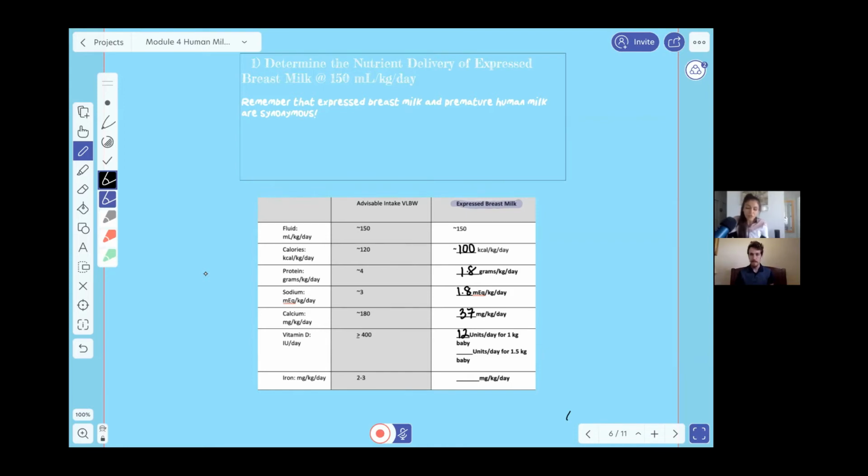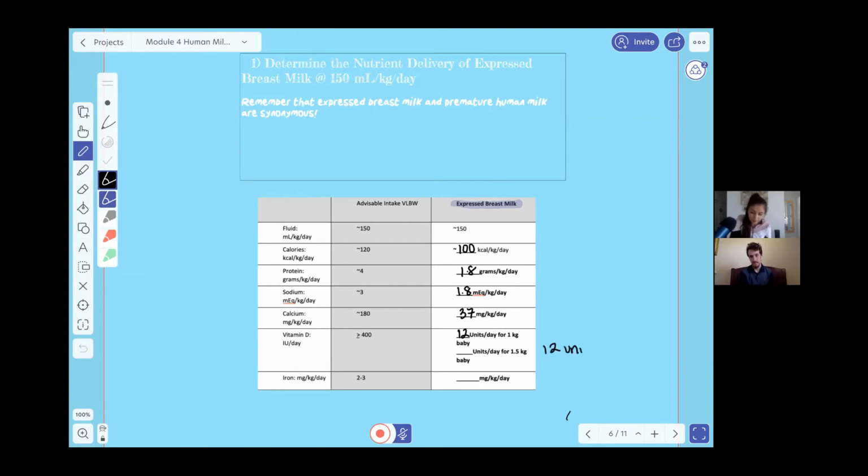So she wants us to assess here what would be the amount of vitamin D for a 1.5 kilogram baby. All we are going to do is multiply our units by our baby's weight, and that will give us the amount of vitamin D. So the 12 units per day for the 1.5 kilogram infant will be 12 times 1.5, which will give us 18.